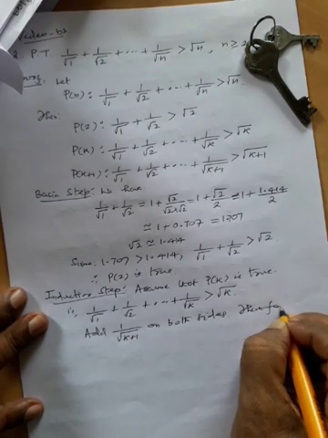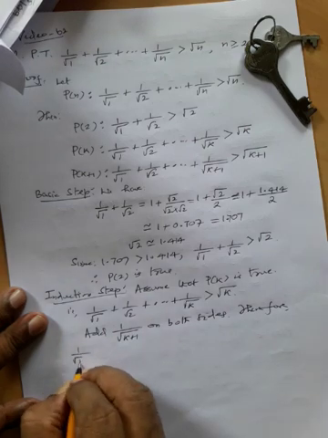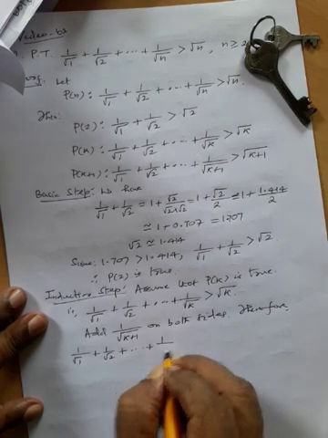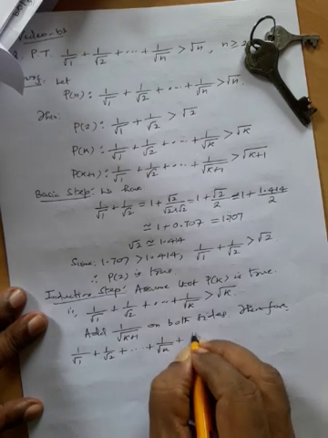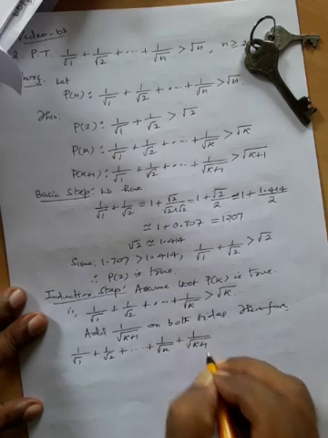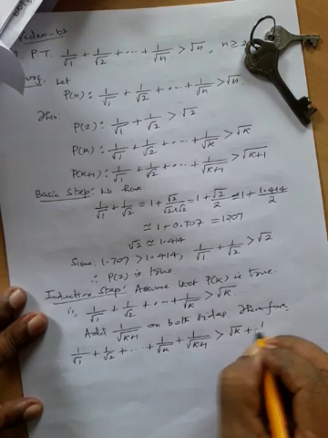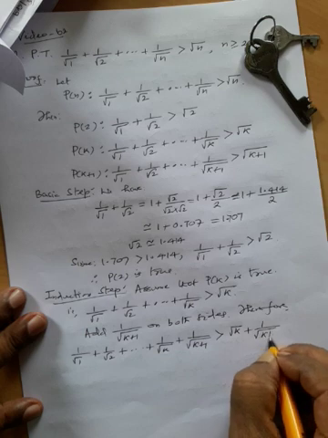Therefore, 1/√1 + 1/√2 + etc. + 1/√k, plus the added term 1/√(k+1), is greater than √k + 1/√(k+1).